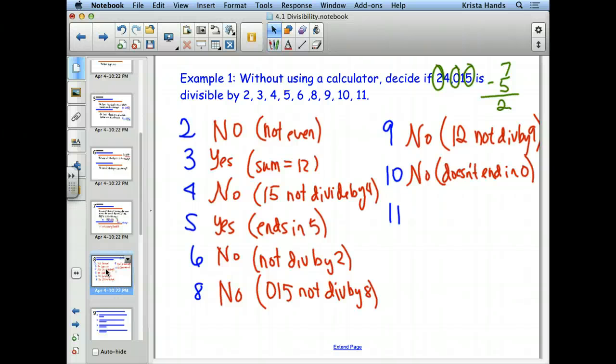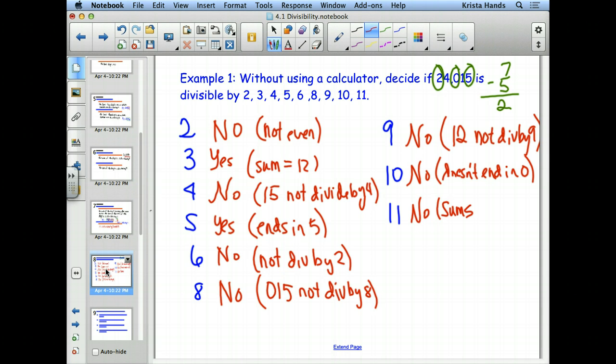So, no. And it's because, I haven't written because on any of the others, but it's because the sums are 7 minus 5, which equals 2. Let's say it that way. 7 minus 5, which is 2. And 2 is not divisible by 11.